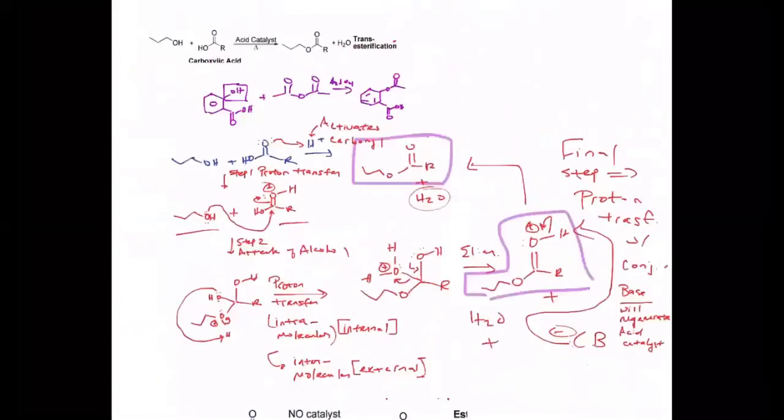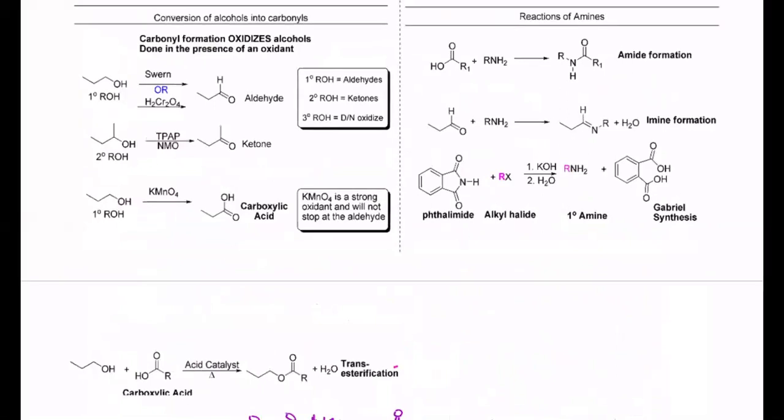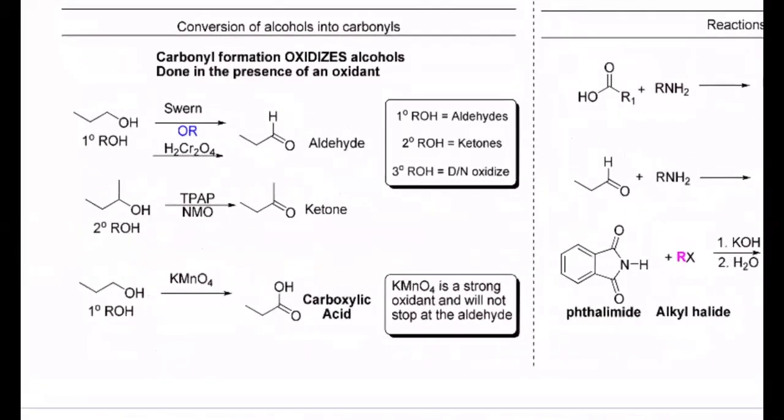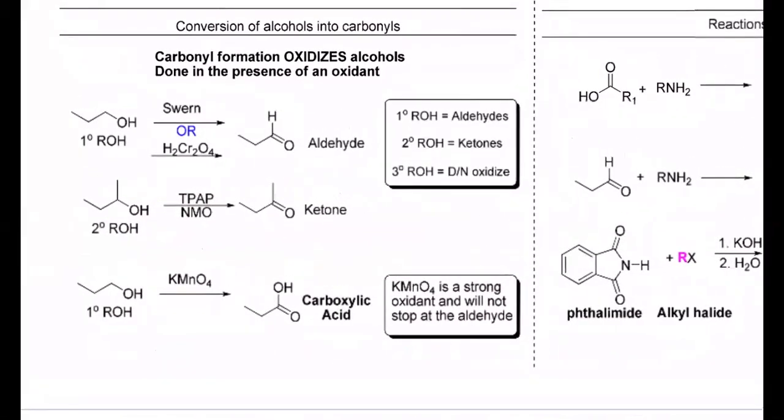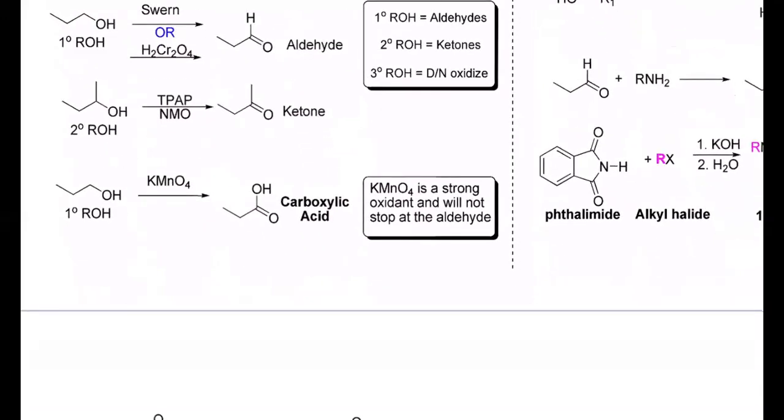So let's go back to here. Here you have three different alcohol oxidation reactions. We're not going to go through the mechanisms for these because those mechanisms get pretty complicated. Suffice it to say, let me just show you in general what happens when you oxidize an alcohol. This is not meant to be very precise, but it's just a way of thinking about it.